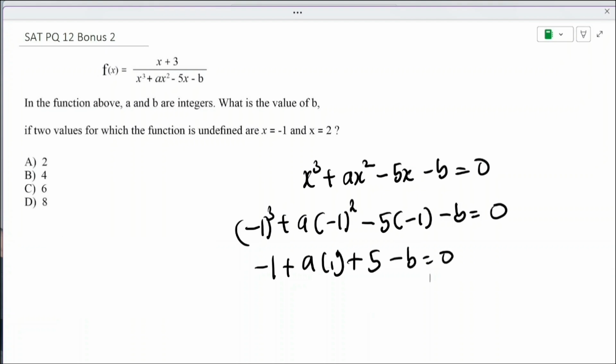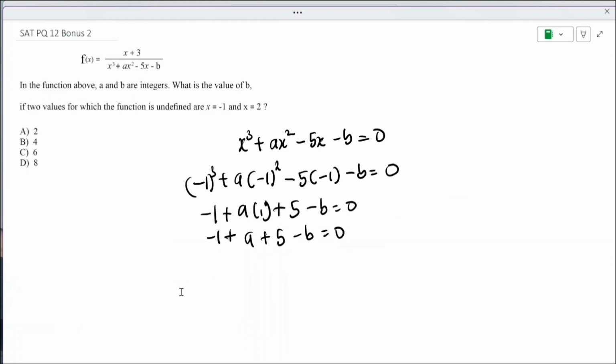We further simplify. We have -1 plus a times 1. Any value times 1 is still that same value. So a times 1 is a, plus 5 minus b equals 0. We can collect like terms. Let's start with a minus b. This a has a positive, this b has a negative. Then we have -1 and positive 5.